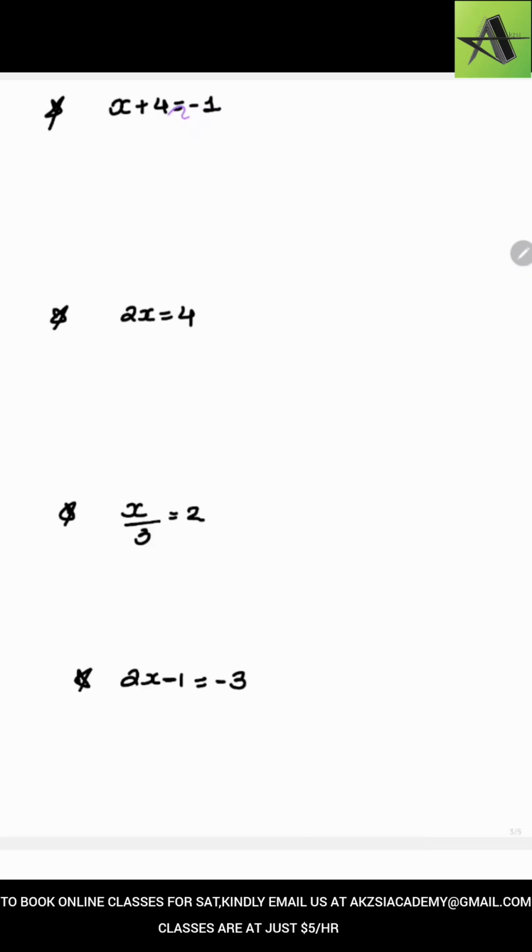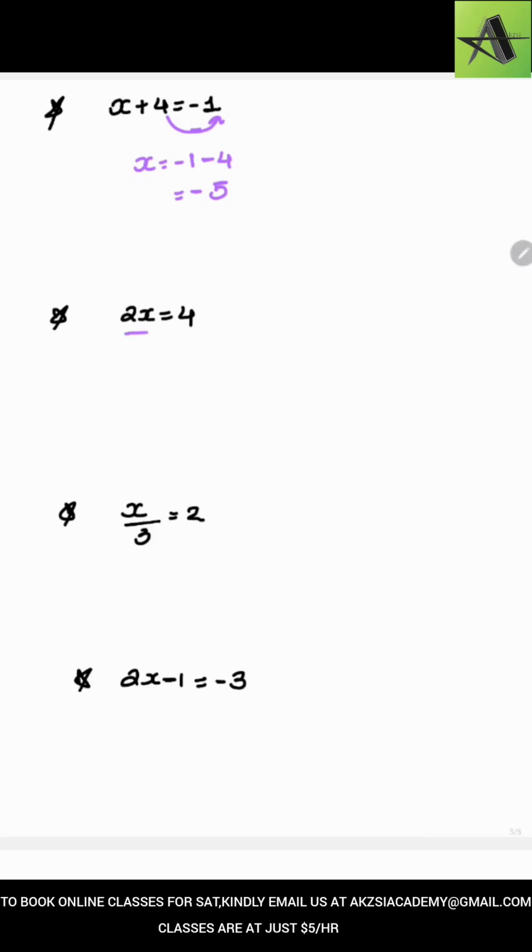Transposing, that means 4 will go there and it will change the sign. So x equals minus 1 minus 4, which is minus 5. It's actually the same as subtracting 4 from both the sides in order to isolate x; transposing is actually the same thing. So you can do that one as well.